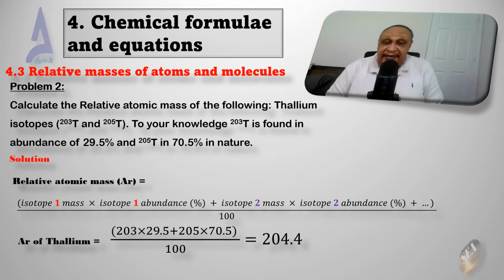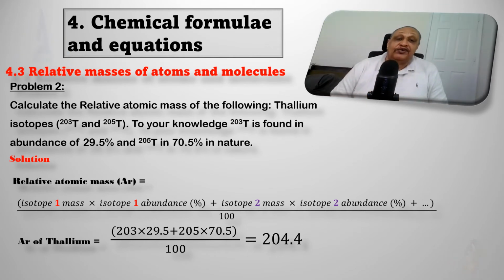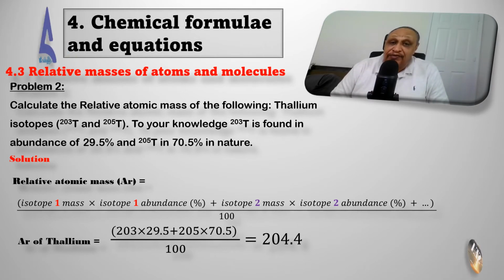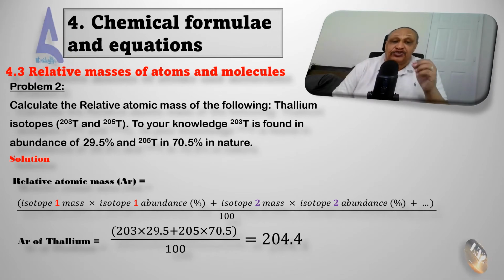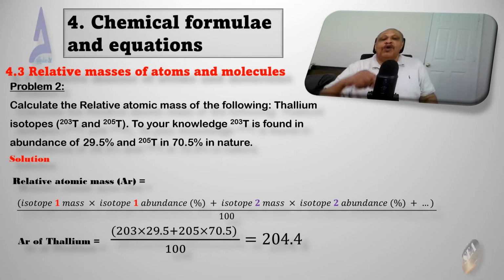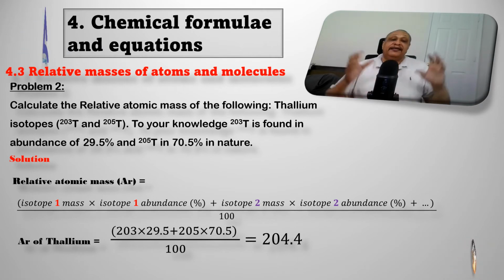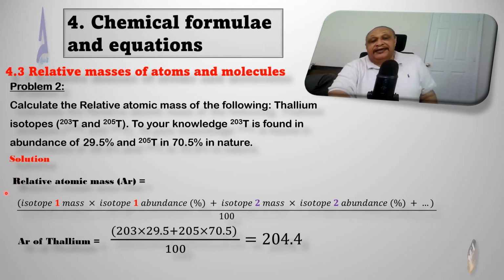Thallium 203 is found in abundance of 29.5%, while thallium 205 is in abundance of 70.5%. The first step is to write down the full equation or formula.